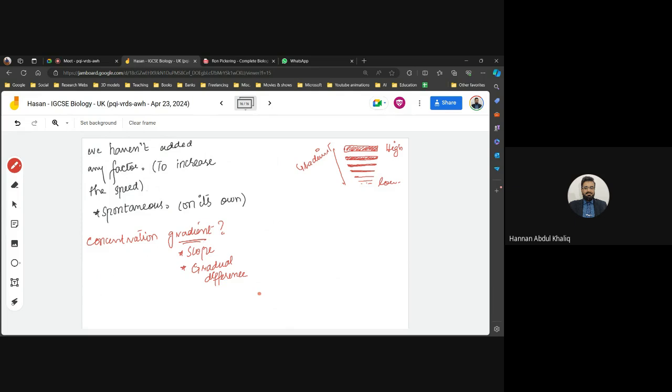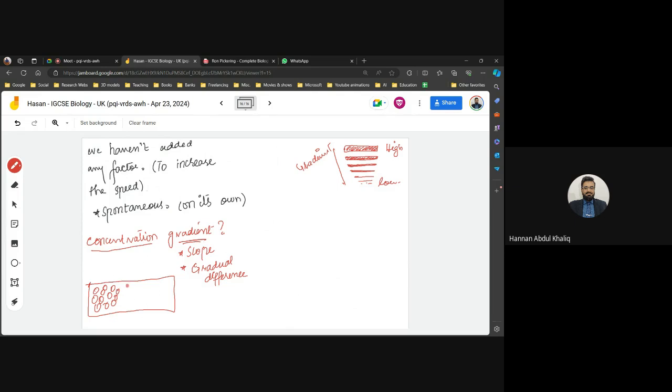In any particular solution or in any particular compound, always remember that there is always a concentration gradient between two regions. Gradient means that suppose that you have a container. In this container, you have a very high amount of a molecule over here.